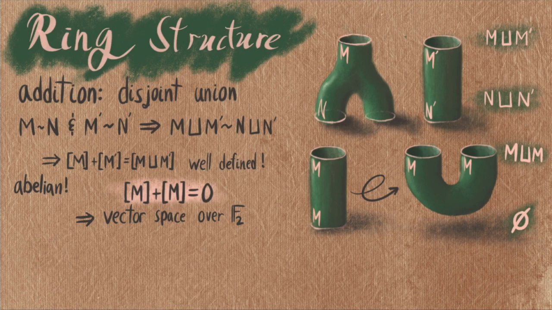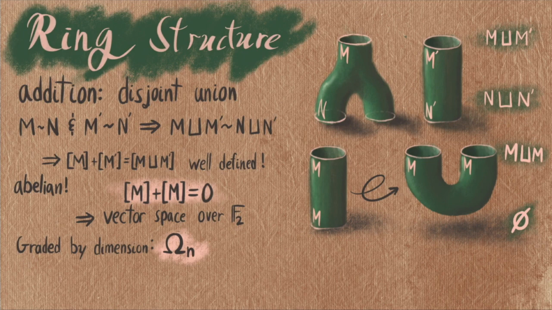Which means if you so desired, you could consider this group to actually be a vector space over the field of two elements. So that means we have a well-defined cobordism group for every dimension n, consisting of n-dimensional manifolds. And let's stick them all into one big structure that contains every cobordism group for every n.